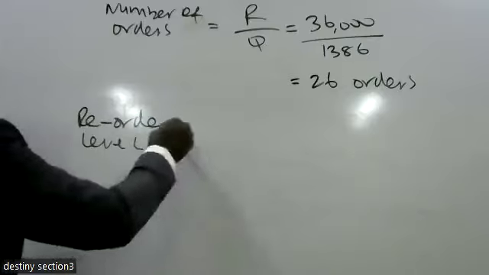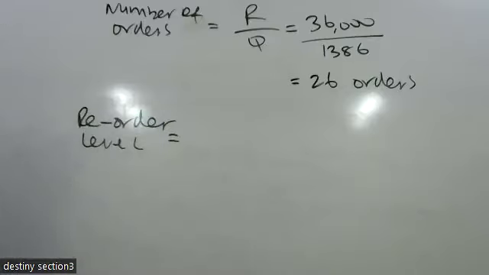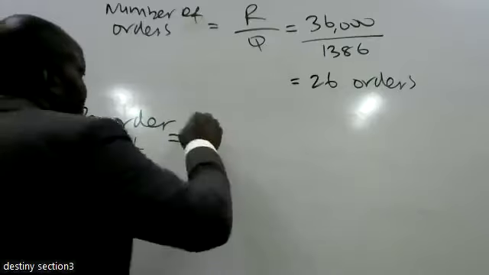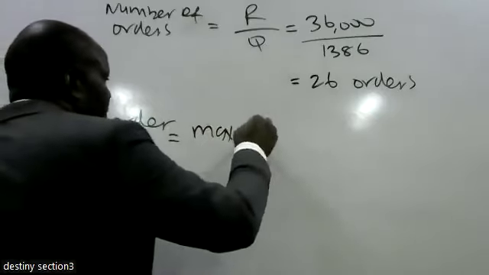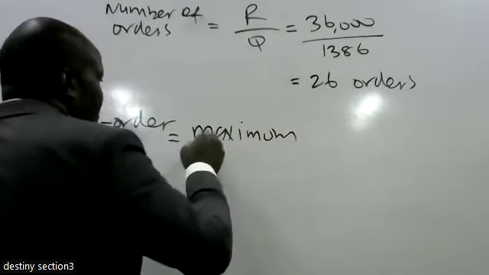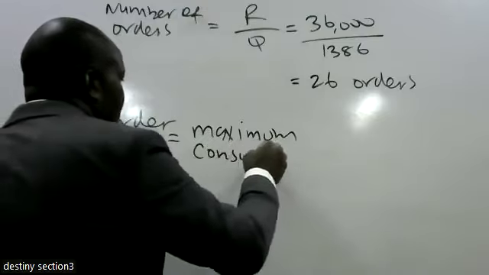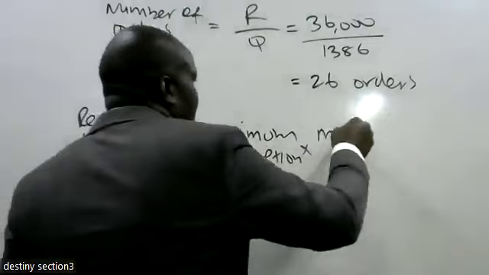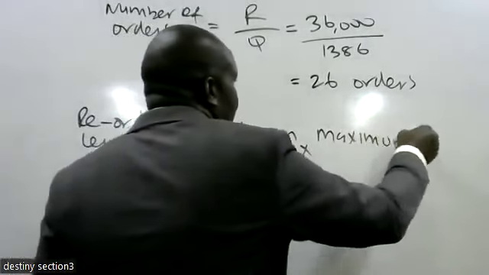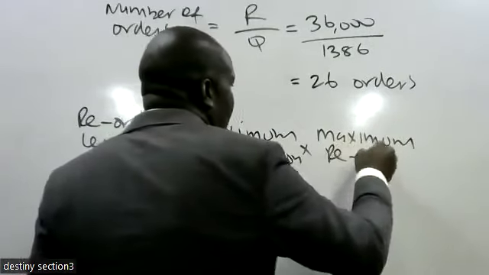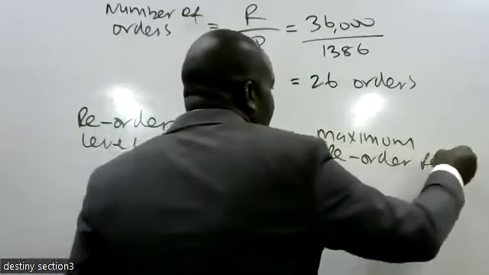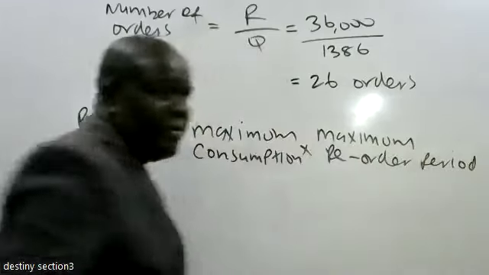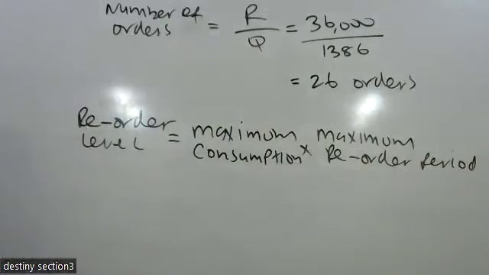Reorder level is supposed to be given by maximum consumption multiplied by maximum reorder period.